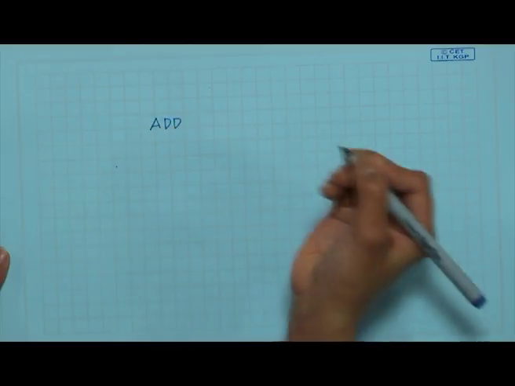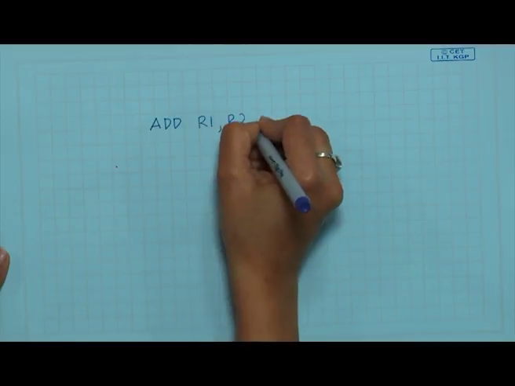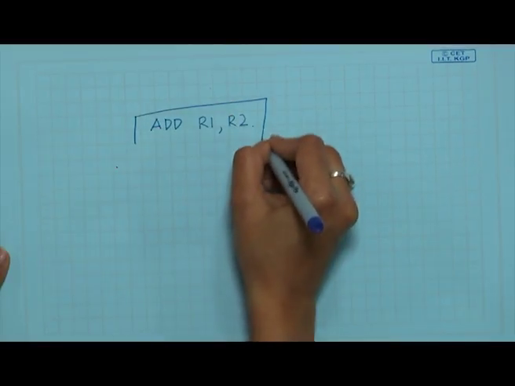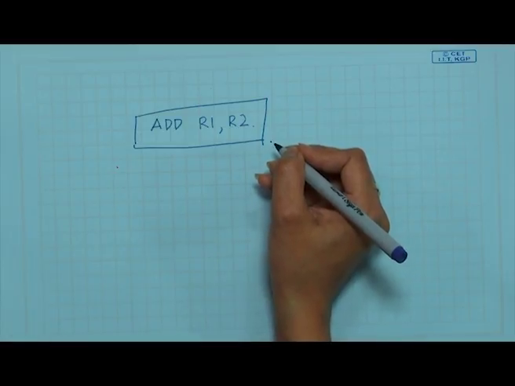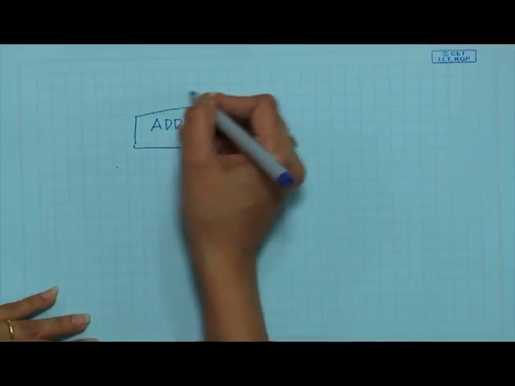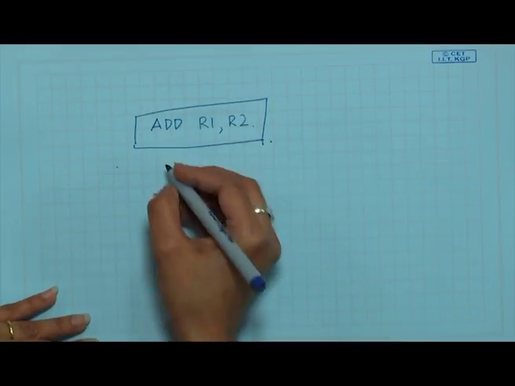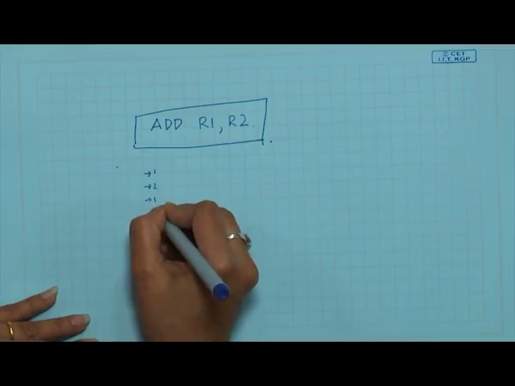Add R1, R2. To execute this instruction, a machine instruction typically consists of a number of elementary micro operations. So, to execute this particular instruction, we require certain steps 1, 2, 3 and so on.